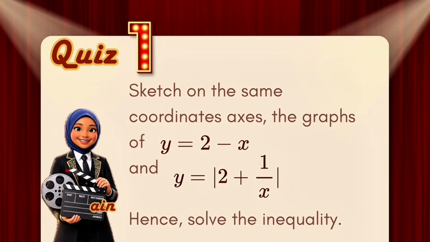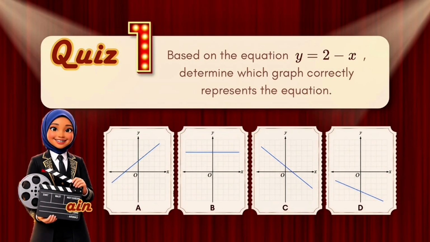So in order to test the students' understanding of the topic, students have to answer this quiz, which is to sketch on the same coordinate axes the graphs of y equals 2 minus x and y equals modulus of 2 plus 1 over x. Hence, solve the inequality. Based on the equation y equals 2 minus x, determine which graph correctly represents the equation.